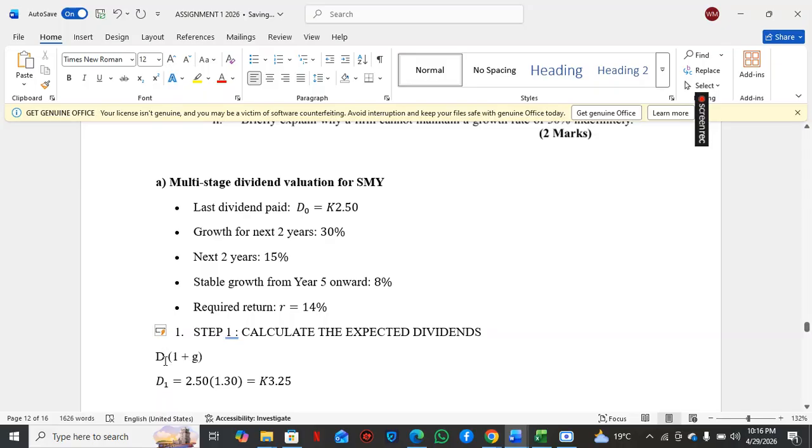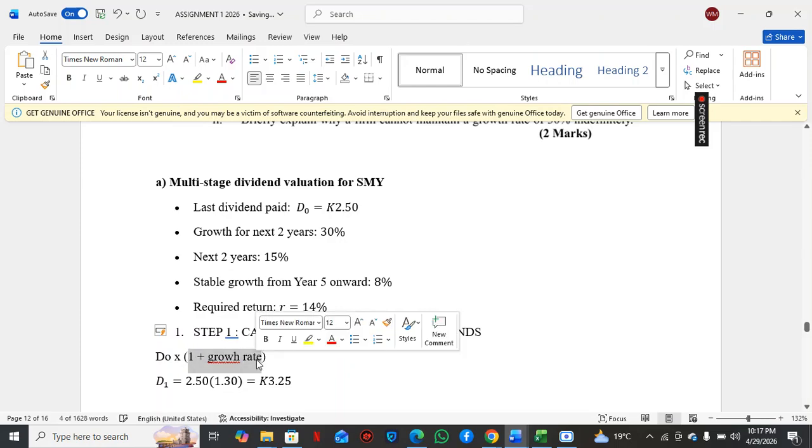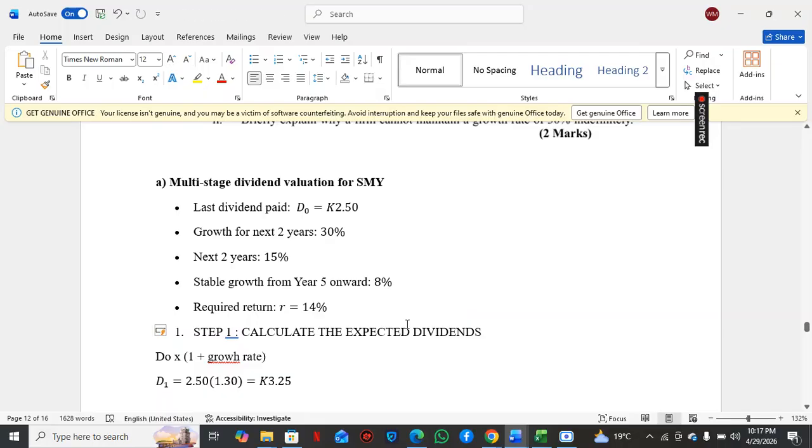D0, which is the current dividend, you multiply by this growth factor. This 1 plus g is just 1 plus the growth rate, and it is called the growth factor. So when you're calculating expected dividends, this is the formula you're going to be using.